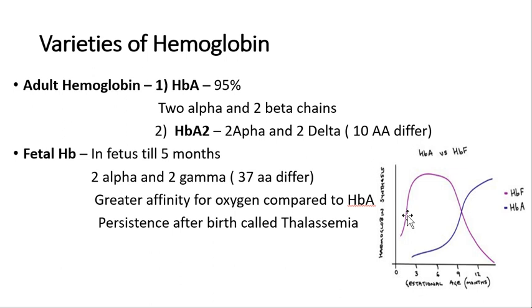Just remember that oxygenated and deoxygenated blood mix in the fetus, and that's why we need something with great affinity for oxygen. That's why HbF is there in the fetus. Even after birth, if it doesn't decrease and there is persistence of HbF, that is called thalassemia. So HbA, HbA2 and HbF, that is fetal hemoglobin.